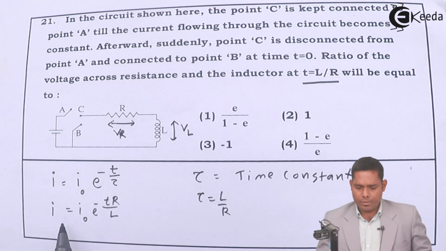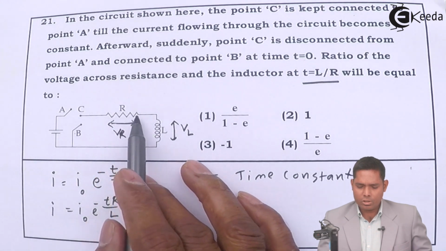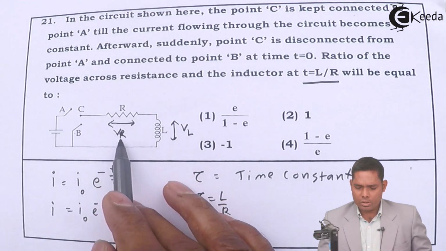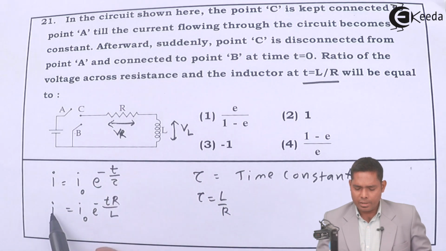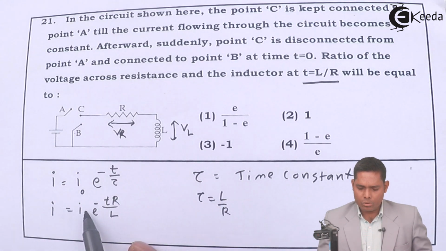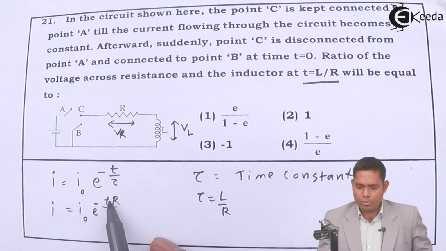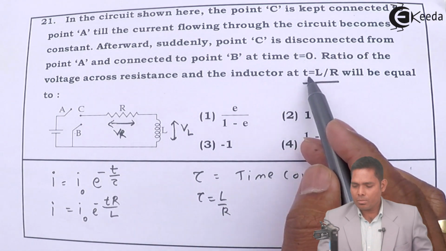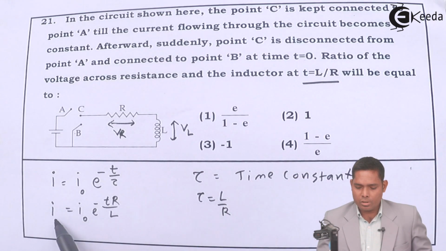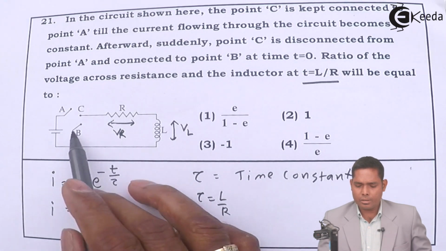In case of resistance, the potential drop across the resistance, VR, is the current existing at that time times R. Which time are we talking about? This t value is this. So this is the general expression for the instantaneous current present in the circuit.